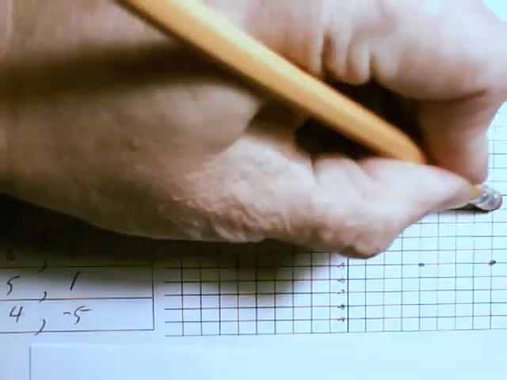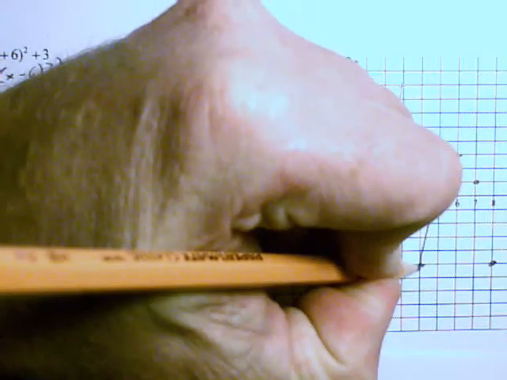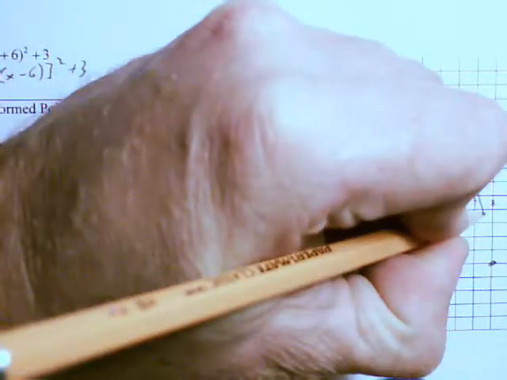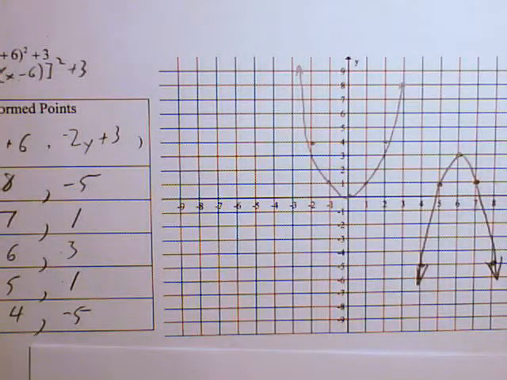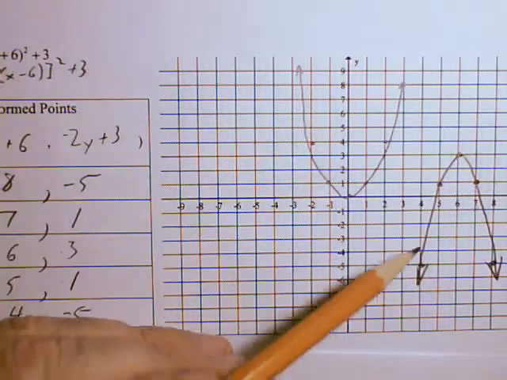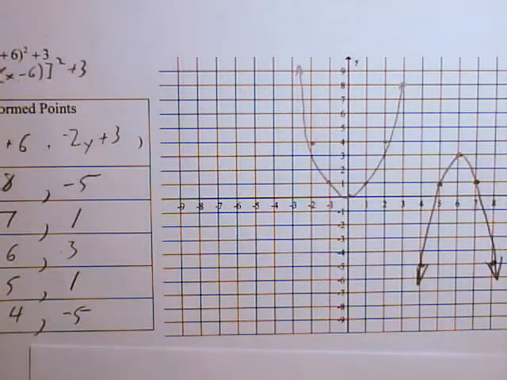So this one should not be there. And here is my transformed function. Okay. Parent function, transformed function, reflected in the y-axis, reflected in the x-axis.